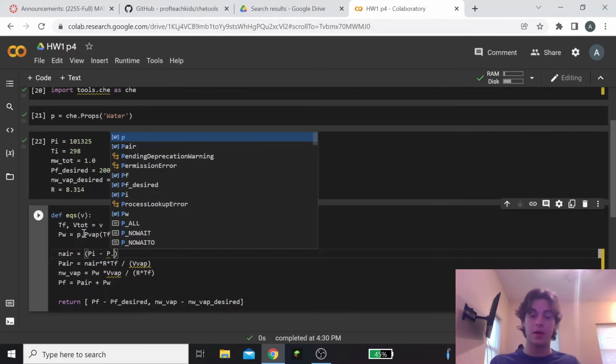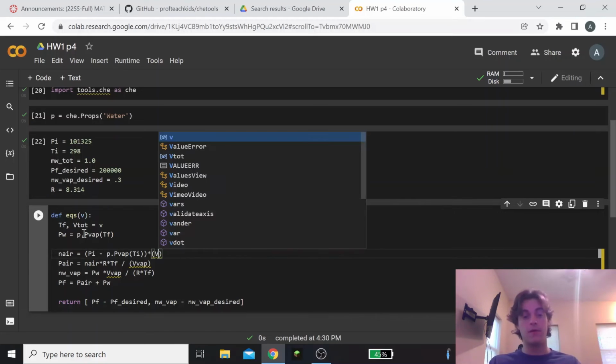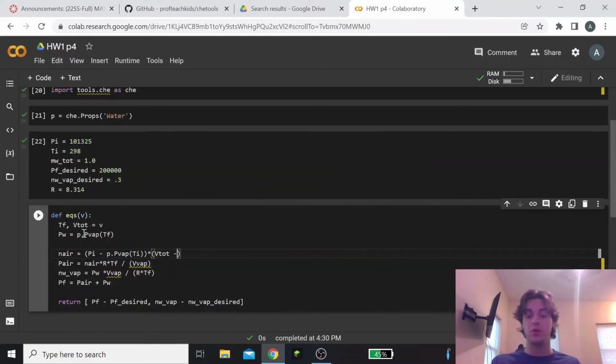I'm just going to go ahead and use the PVAT method, and instead of final temperature, we'll use initial temperature, right? This will be times the volume that it takes up, so this was the total volume minus the total volume that the water takes up, and we assumed that there was no water vapor in the air.